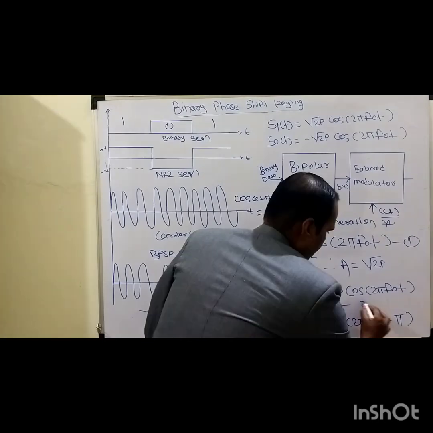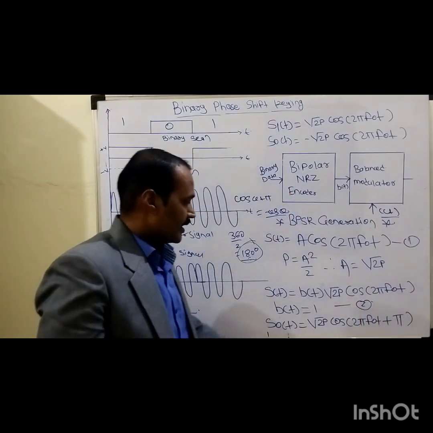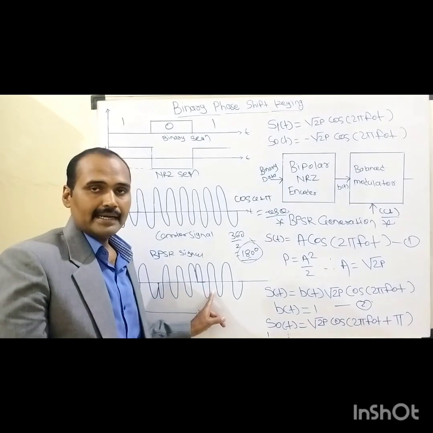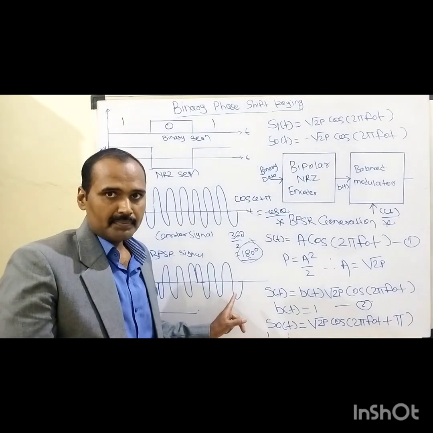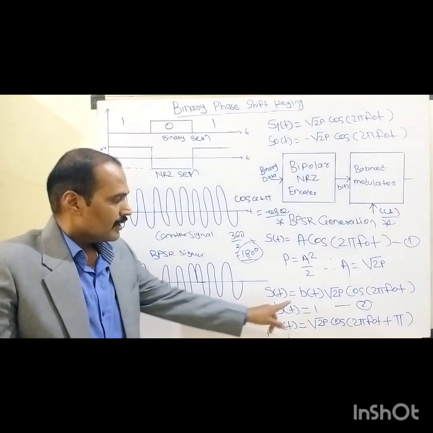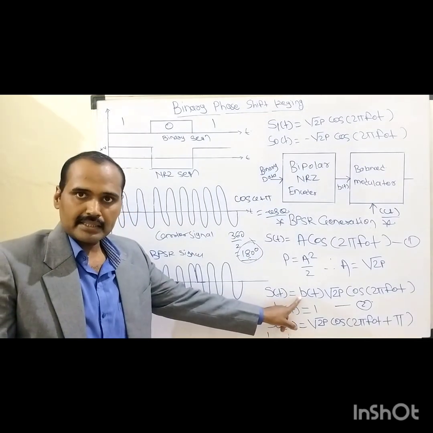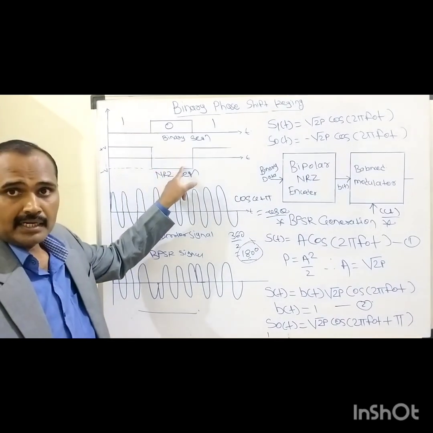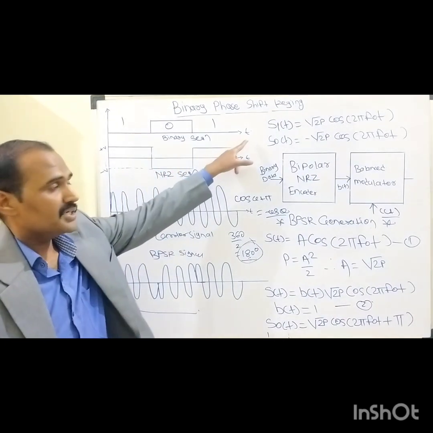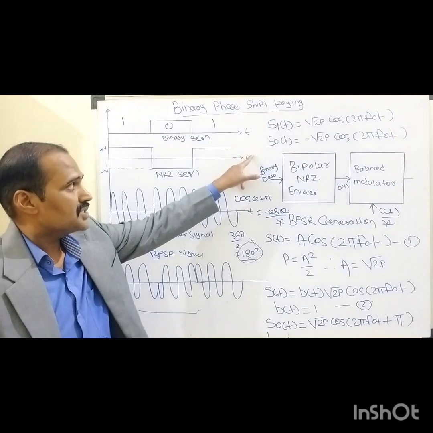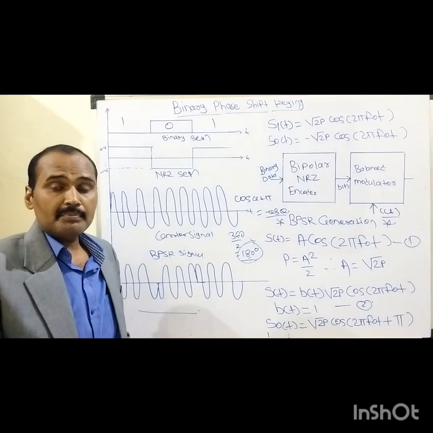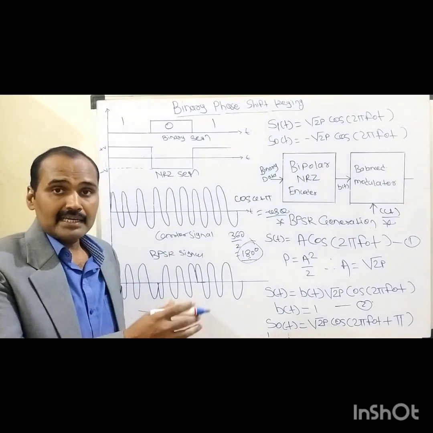Marking this as equation number 2, it is the way in which we generate the envelope of this BPSK signal, where b of t is the binary symbol sequence consisting of either 1 or 0. If it is 1, it is denoted with this symbol; if it is 0, it is denoted with this symbol. This is how the desired BPSK signal is generated.